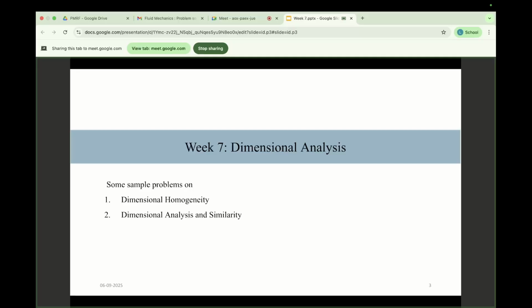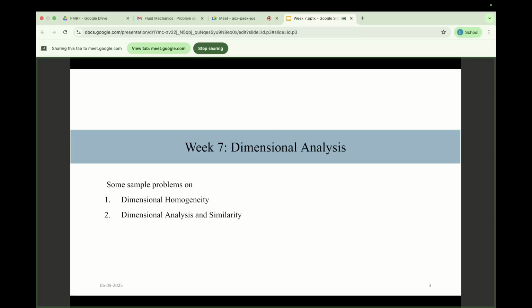After finding that this small model is able to sustain these conditions, you have to make the model on a larger scale. That conversion is based on the principle of dimensional analysis, and we will learn these things from this week's live interactive session.